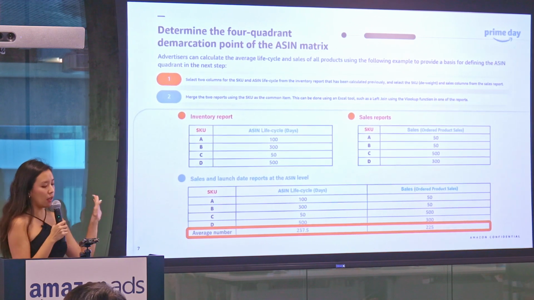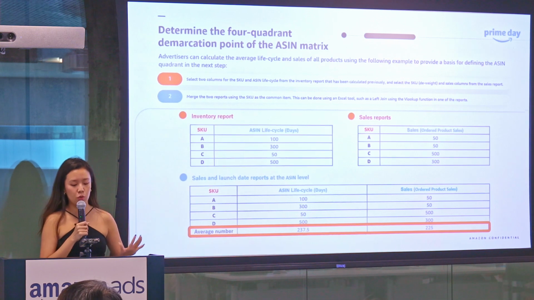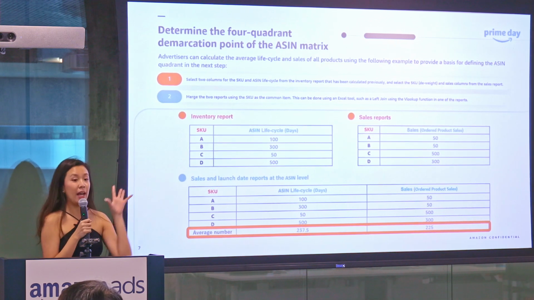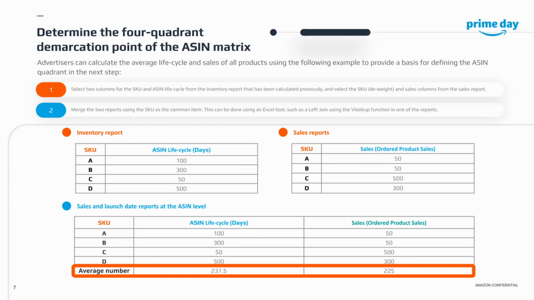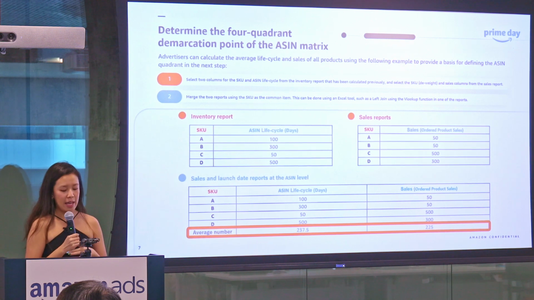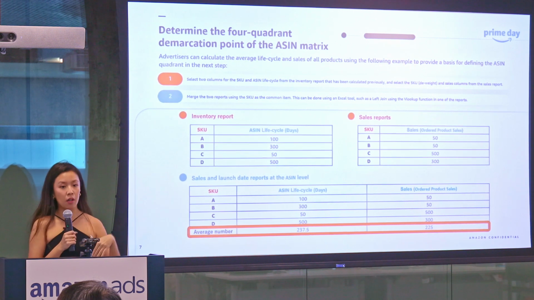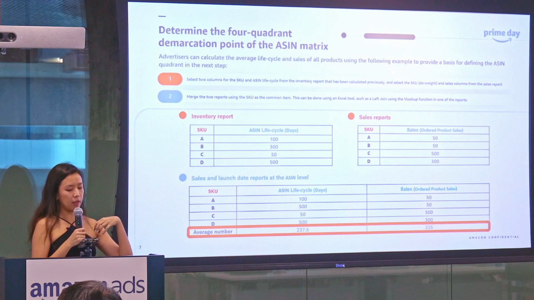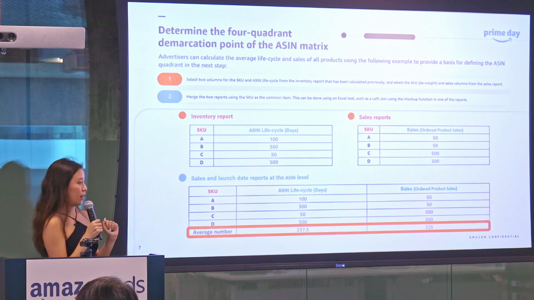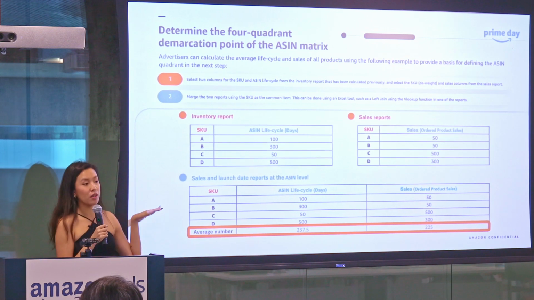The next step is to find out the average. What is the average number of launch days for your ASINs, like how many days it has been since launch? You want to find the average across all your products, and of course the average sales across all your products. Then map it to each ASIN.